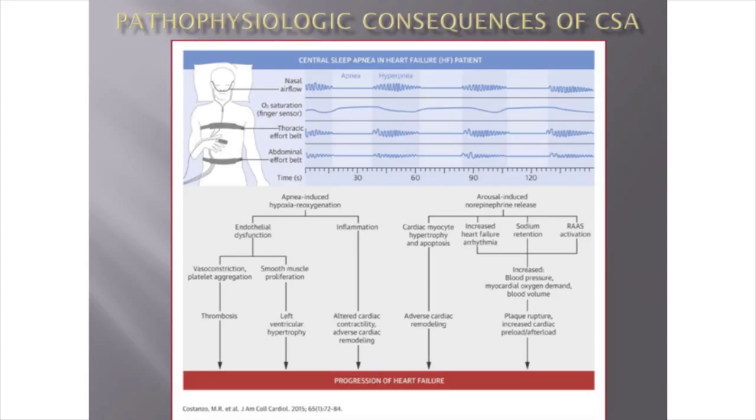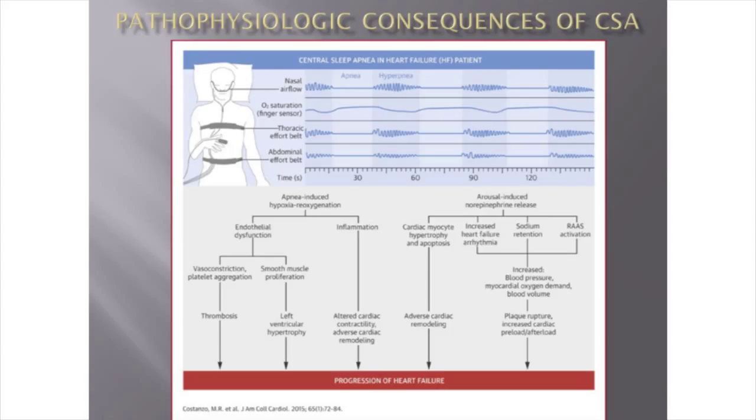One is endothelial dysfunction, which in turn will cause vasoconstriction, smooth muscle proliferation, and result in a thrombotic milieu, as well as in left ventricular hypertrophy and inflammation, which has adverse consequences on cardiac contractility and remodeling.